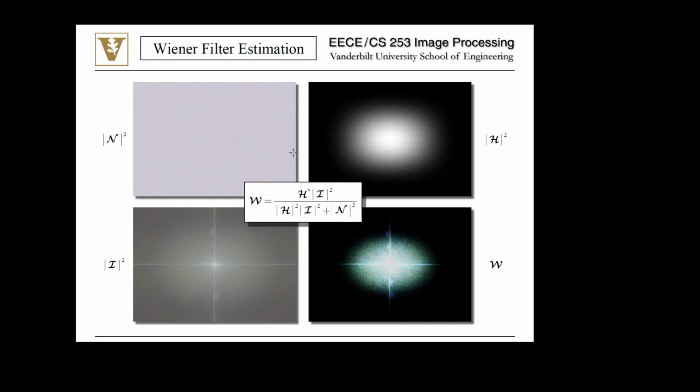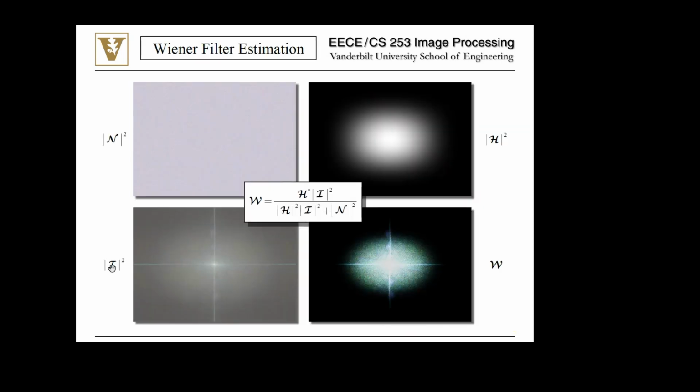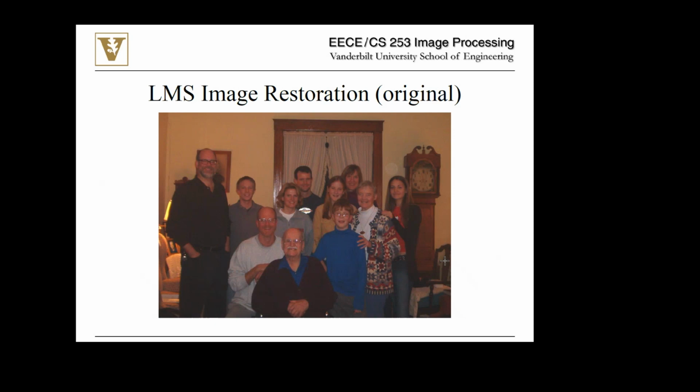Now you construct the filter. So noise is flat. The point spread function looks like this. An approximation to the signal to noise ratio, the power of the image. This would be the power of A. You approximate the power of I by the power of A. Then you can construct the filter like this.